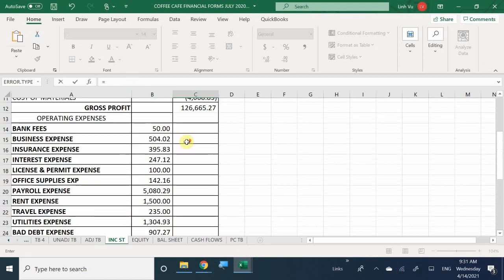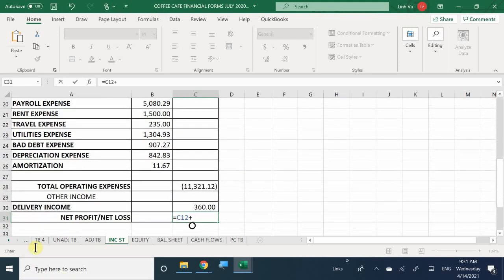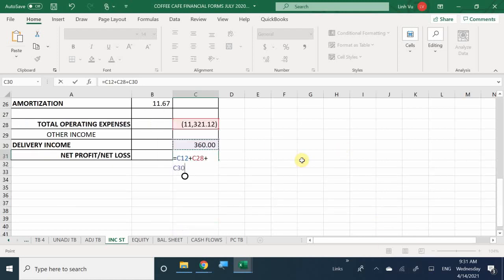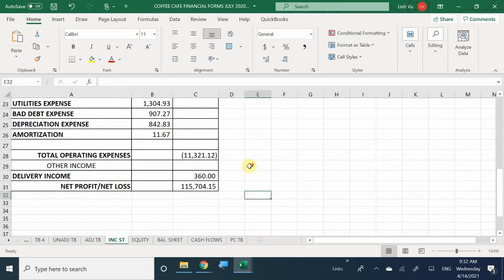You need to take your gross profit, subtract out your operating expenses, and add your delivery income to get a grand total net profit of 115,704.15. That is going to be our profits. Yay.